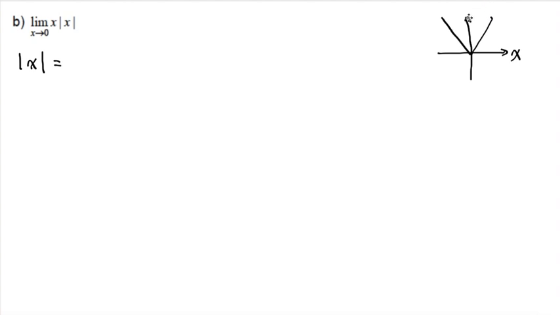So when x is greater than or equal to 0, it's just going to be our x values. And when x is less than 0, we're going to have negative x values.